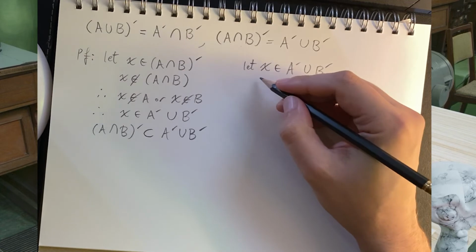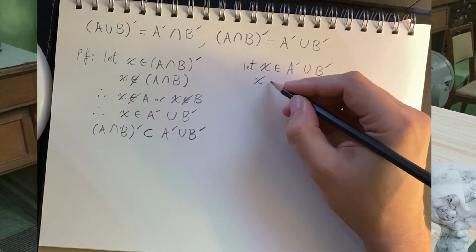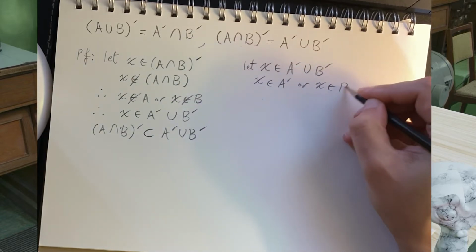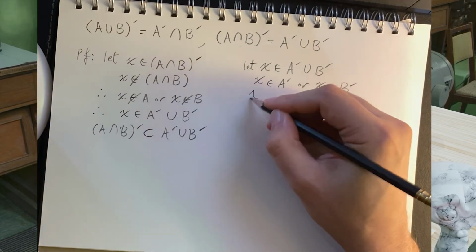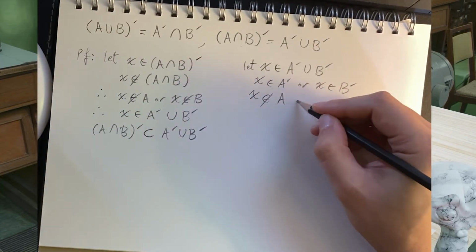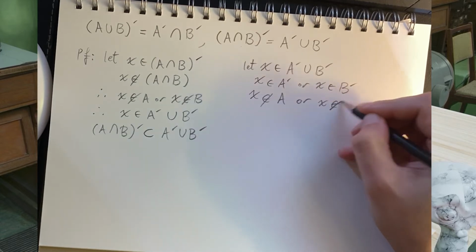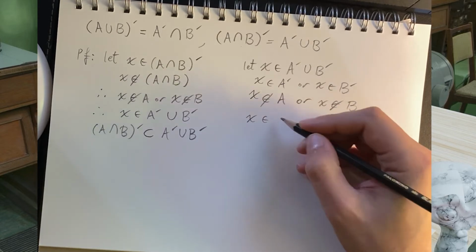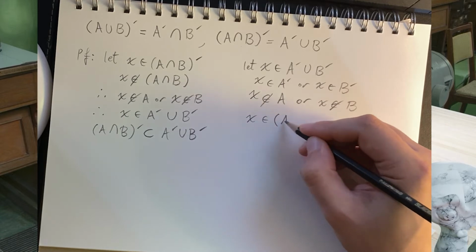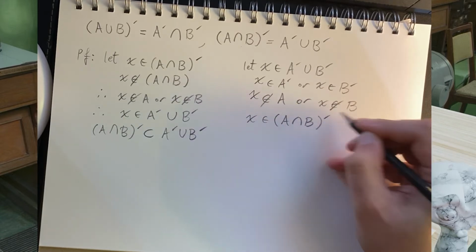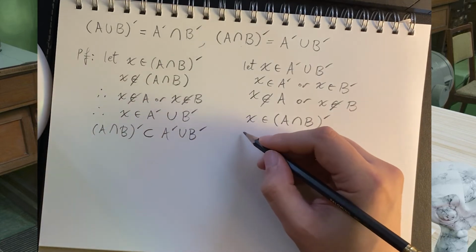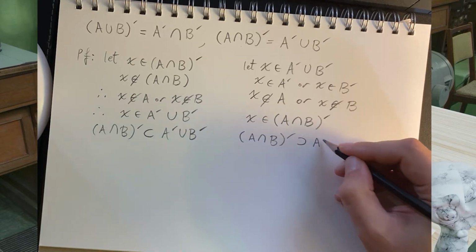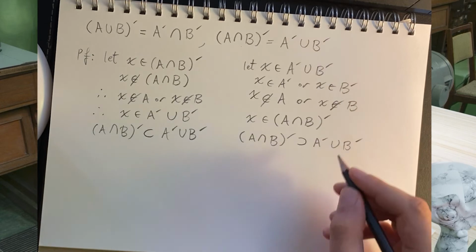This means that X is in A complement, or X is in B complement, and then equivalently, that means X is not in A, or X is not in B, and therefore X is in the complement of A and B. This tells us that A complement union B complement is a subset of that.